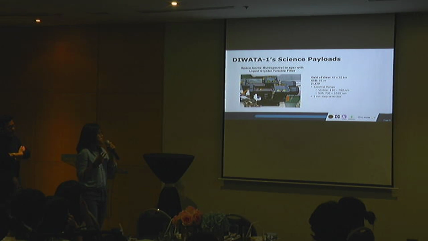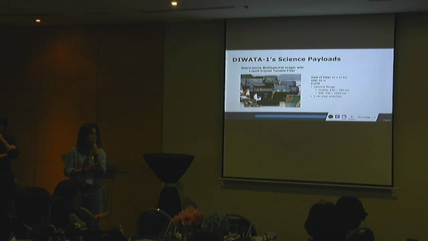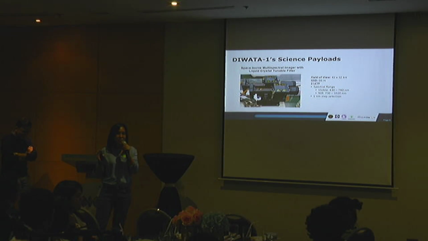So since it has 2 filters, one is in the visible region, as I discussed earlier, from 430 to 740 nanometers, and then the other one is in the near-infrared region, from 730 to 1020 nanometers.